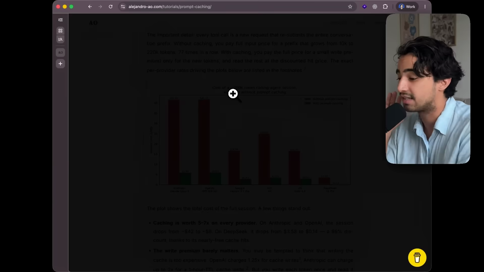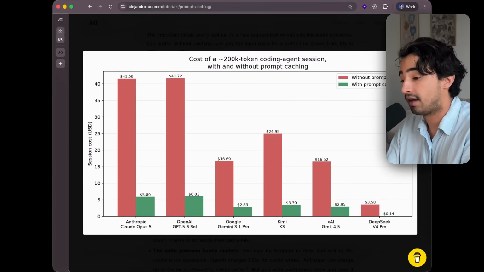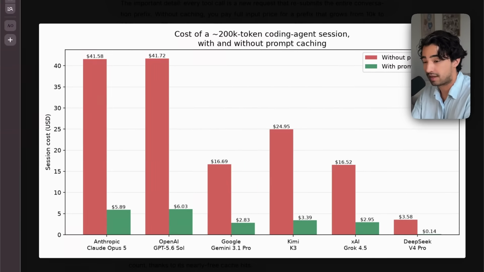So for example, in this example that you see right here, I took a hypothetical scenario where we have a 200K token context session with a given agent. Okay, and I simulated what that would cost you on Claude Opus 5, GPT 5.6 Sol, Gemini 3.1, Kimi, Grok, and DeepSeek V4.